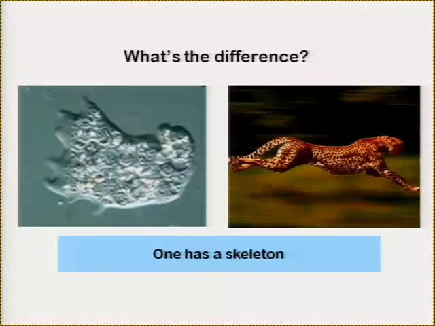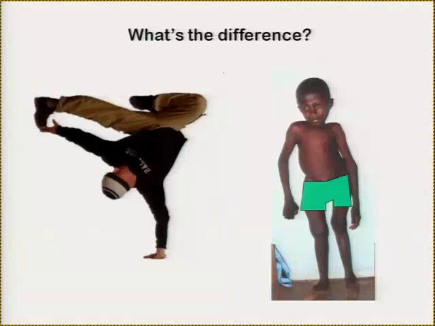By virtue of having a skeleton, the cheetah can get out in the bush and run around, see the land, and pounce on impalas. So the skeleton is there to allow large organisms to locomote. What's the difference in this picture? Well, they're both boys. The boy on the left is very active. He's having fun, doing fun stuff.